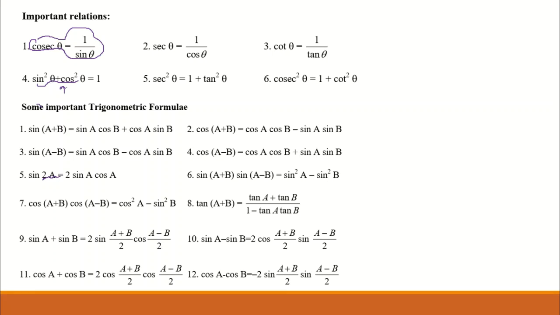There is also a formula for thrice the angle. It's your target to find the formulas for sine 3A and cos 3A, or sine 3x or cos 3x. That's it for the day.